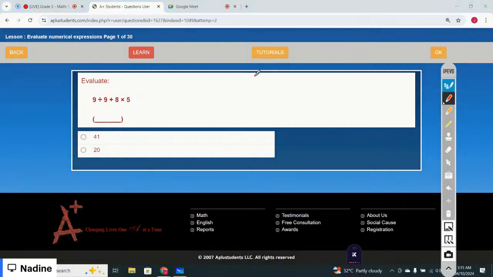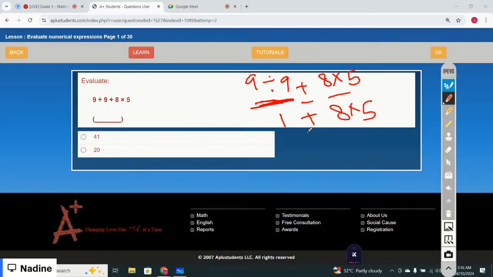Just look at the question: 9 divided by 9 plus 8 times 5. In the question you have division, addition, and multiplication. Going from left to right, you have division first. So you need to perform division. 9 divided by 9 is simply 1. Then you are left with addition and multiplication.